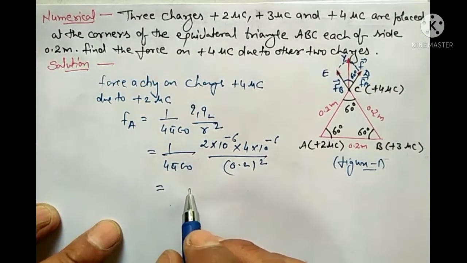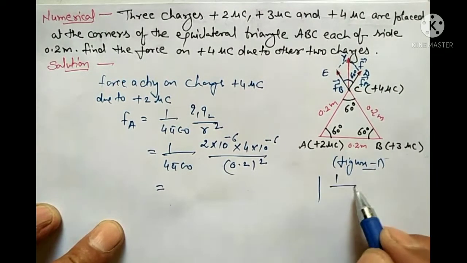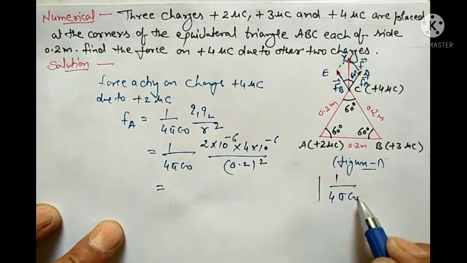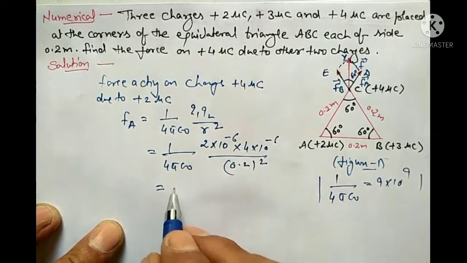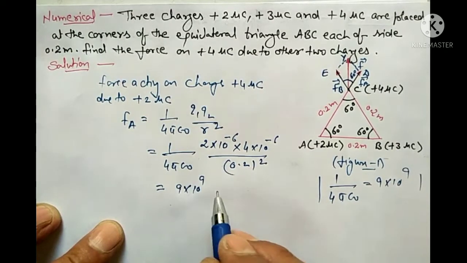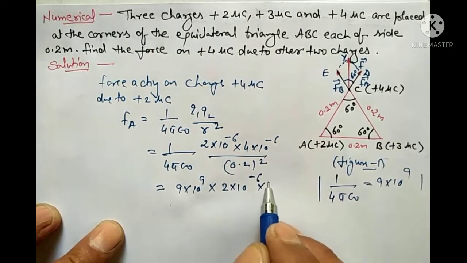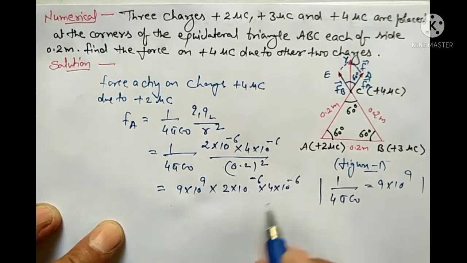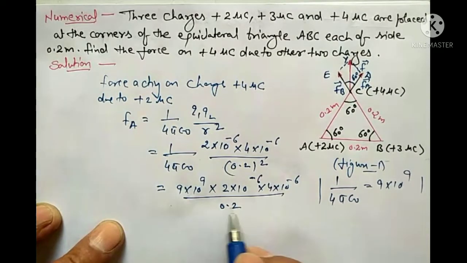This is equal to 1 over 4 pi epsilon naught. The value of 1 over 4 pi epsilon naught is equal to 9 into 10 raised to power 9. So put here 9 into 10 raised to power 9, multiplied by 2 multiplied by 10 to the power minus 6, multiplied by 4 multiplied by 10 raised to power minus 6, over 0.2 square.